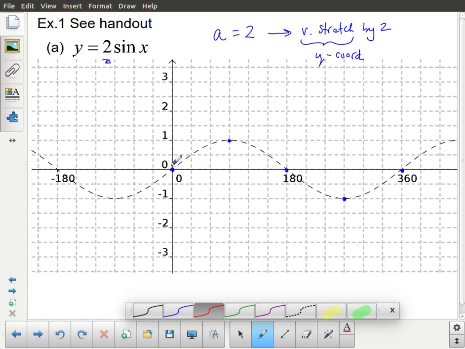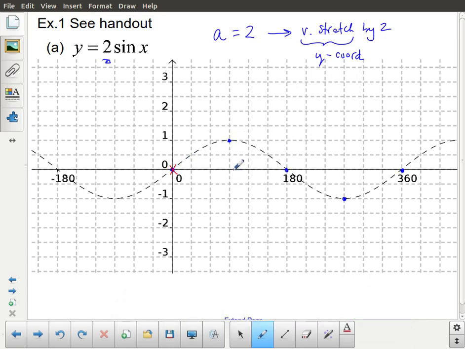I'm going to indicate the new points with x's just so that we don't confuse them with the blue dots. What happens here? My y coordinate is 1. It doubles, which means that's my new y coordinate. My y coordinate here, notice the x coordinates aren't changing. There's no horizontal transformation. My y coordinate here is 0, which means 0 times 2 is still 0.